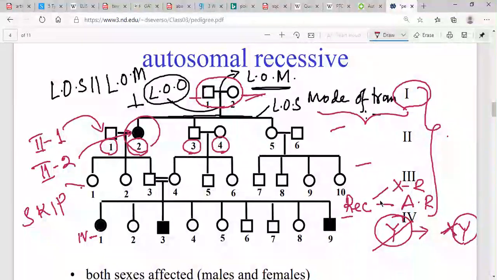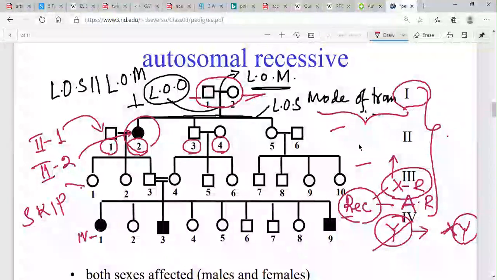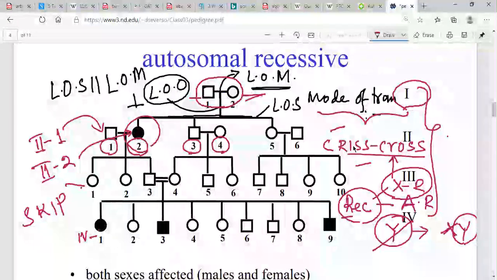Then how to approach? Now you know this pedigree chart will be either autosomal recessive or X-linked recessive. But we know one property of the X-linked recessive trait that we will be studying again: X-linked recessive trait shows a very important characteristic called crisscross inheritance. That is the take-home message.